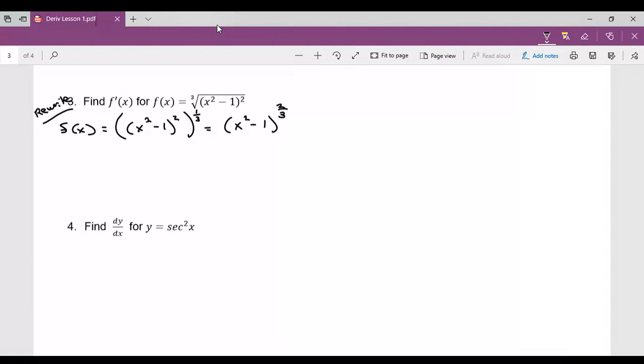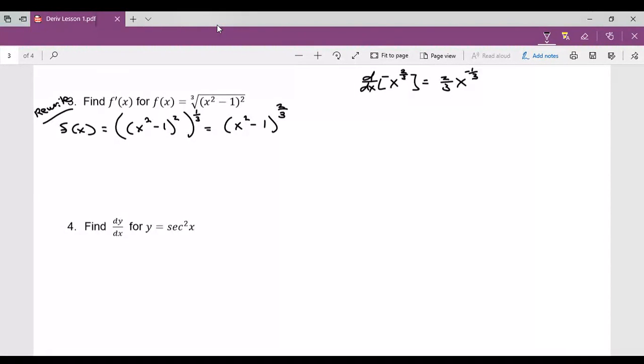So now I'll do this one more time and then I'm going to stop doing it. What's the structure I see here? I see stuff to the 2/3. So in your brain, you're like, well, the regular old rule, if I had x to the 2/3, the derivative of that by the power rule is just 2/3 x to the 2/3 minus 1, so subtract 3 over 3. So that's the derivative of x to the 2/3.